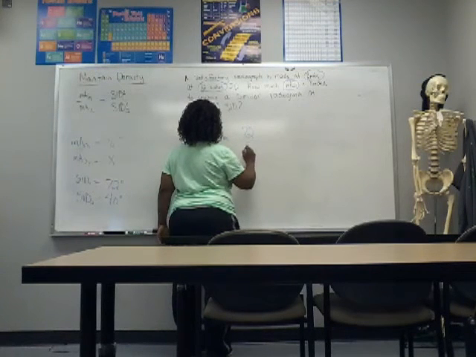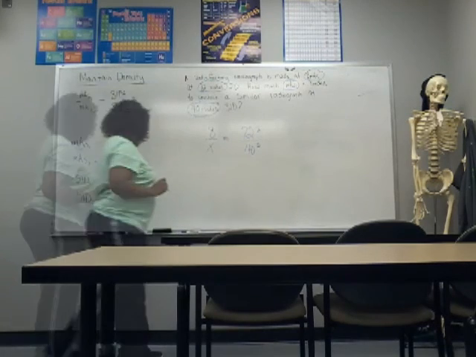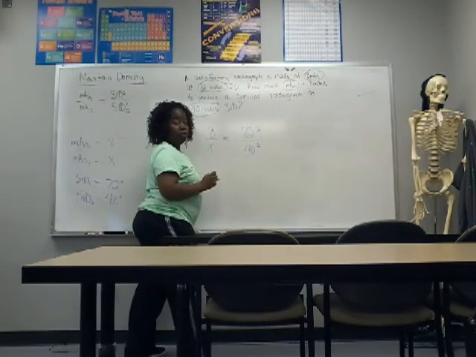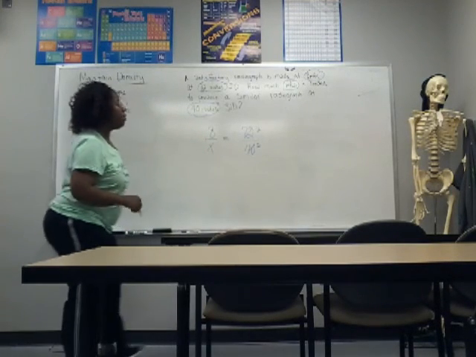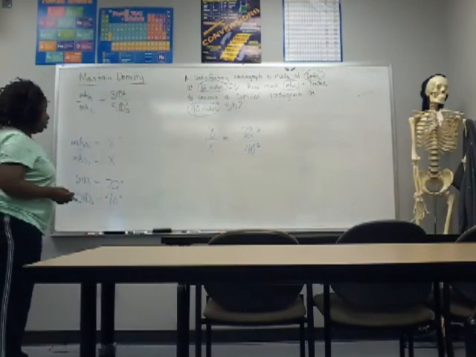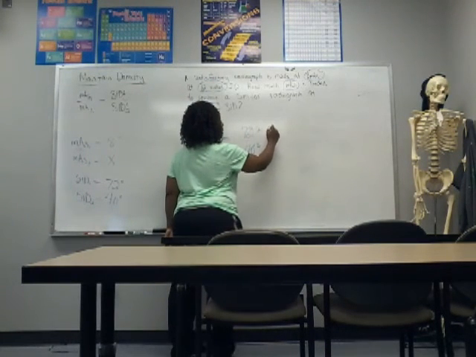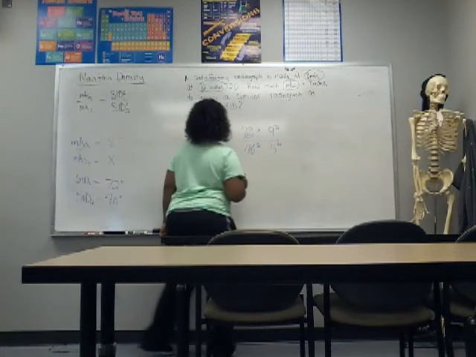Then we decrease it down to 40. Don't forget to square those distances. Next, I like to reduce the fraction. I know both of them can, the greatest common multiple between the two is 8. So this goes to be 9 squared over 5 squared.